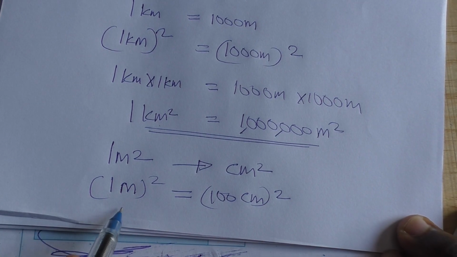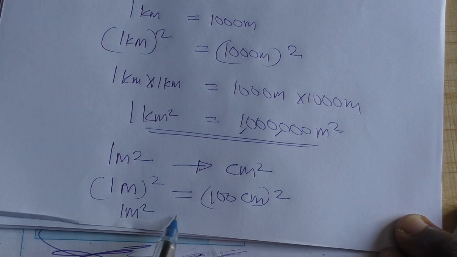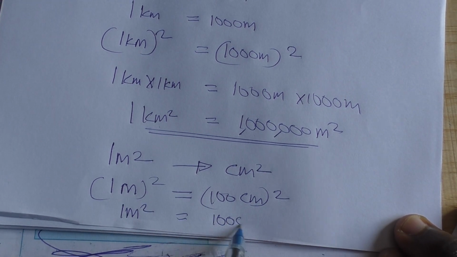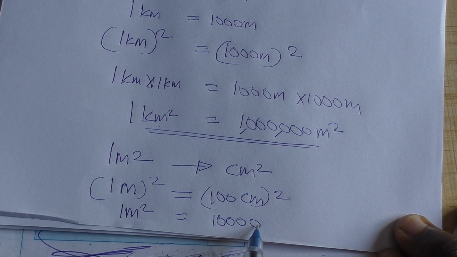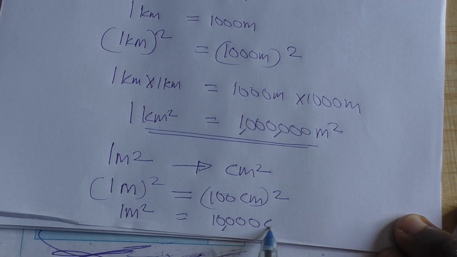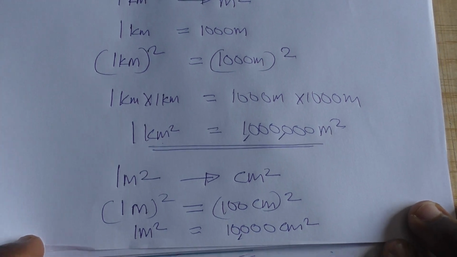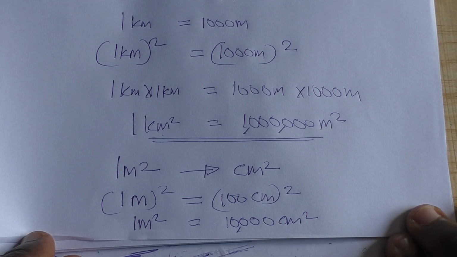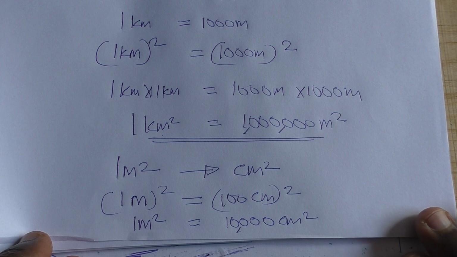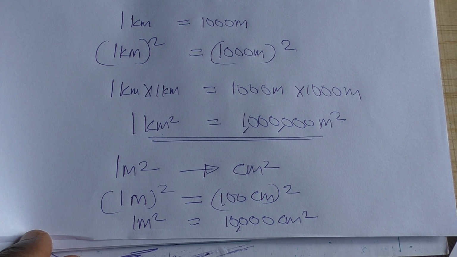That gives us 1 meter squared equaling 10,000 centimeters squared, and so on. So that is how we convert units of area from one to the other.